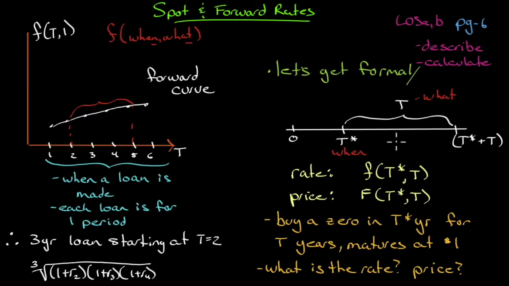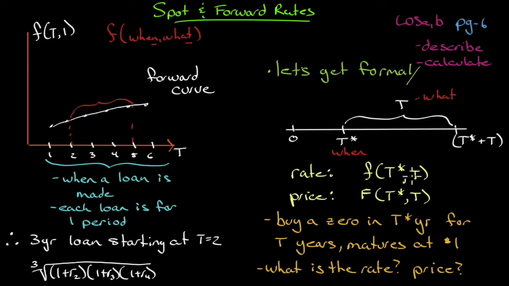Which means the full length of time from today to the end of that period is T star plus T. The zero will not be purchased until T star, and the duration of the zero will be T years.